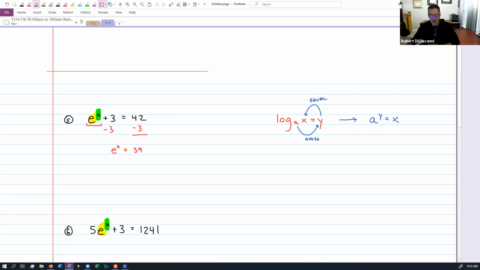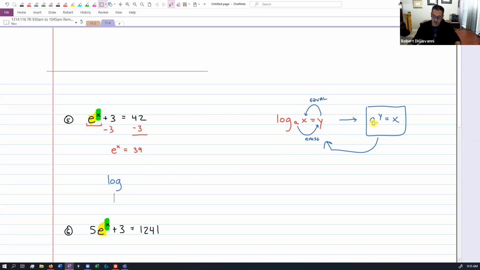In other words, you can convert that over to an expression that looks like this: a to the y equals x. So in this, when we're looking at e to the x equals 39, what we want to do first is convert it to a logarithm. So we want to go from the expression on the right here and switch this back to this. So we'll start by writing log, and then we look at what the base is.